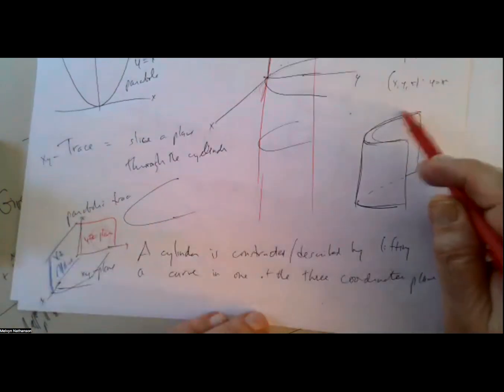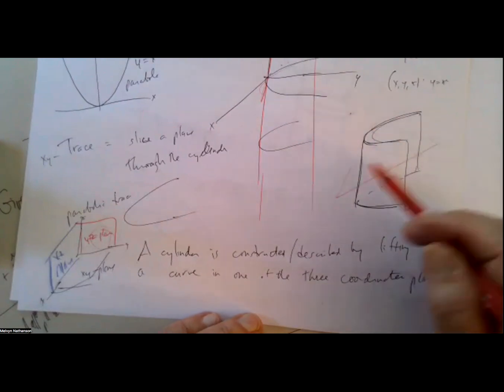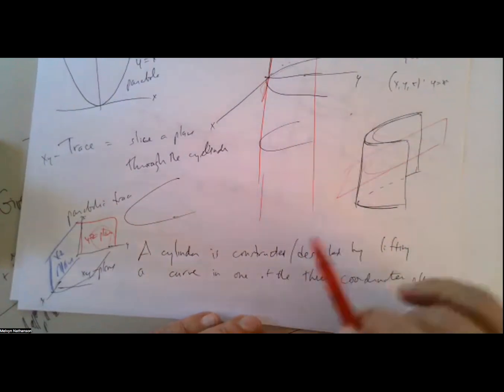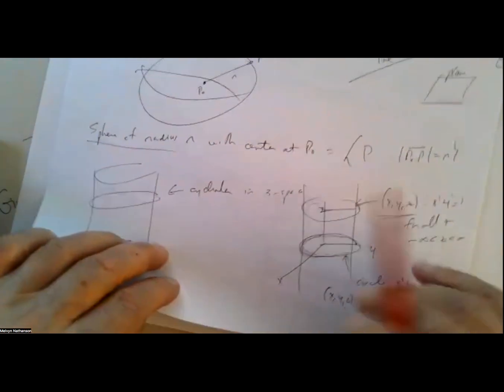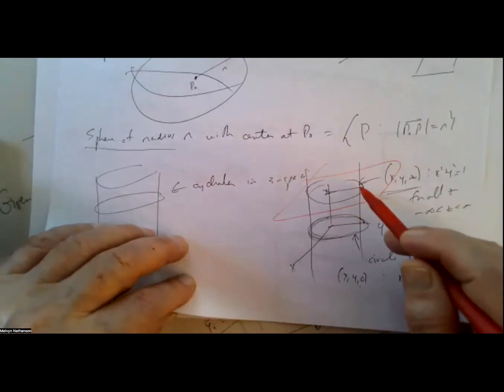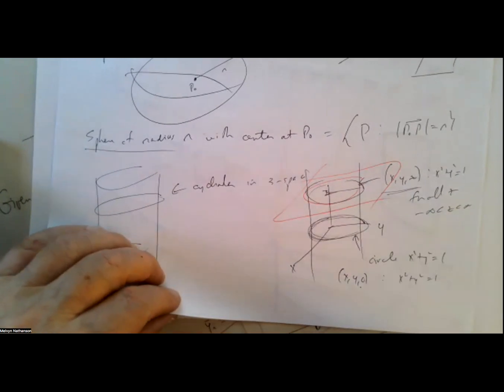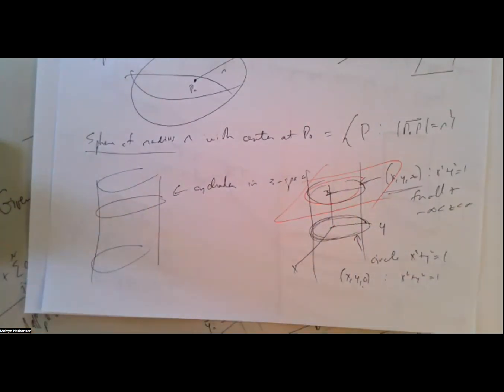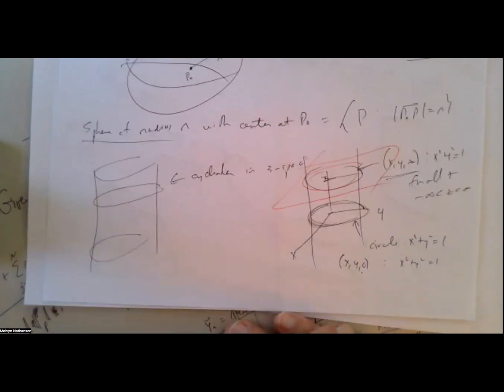It's just like if you look at this parabolic surface, every plane through this cuts it out in a parabola. If you look at this traditional cylinder, every plane cut through this cylinder cuts out a circle, and the circles are the same through this whole family of parallel planes. That's what a cylinder is.